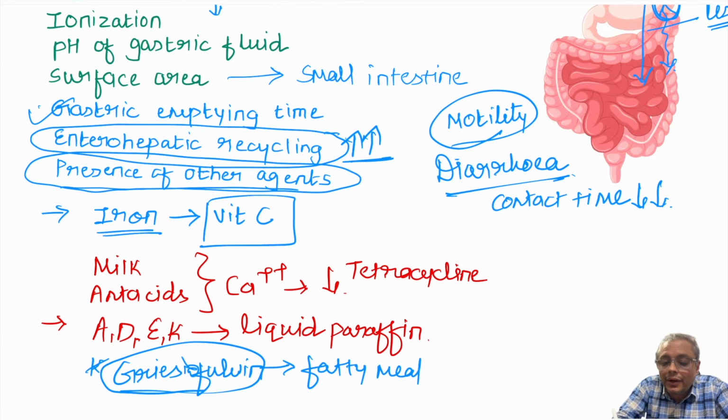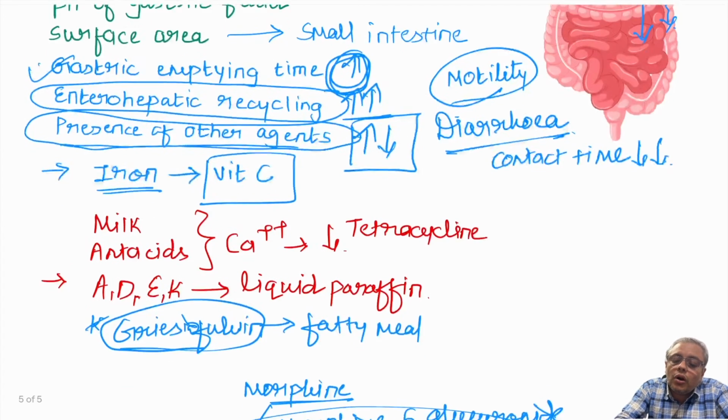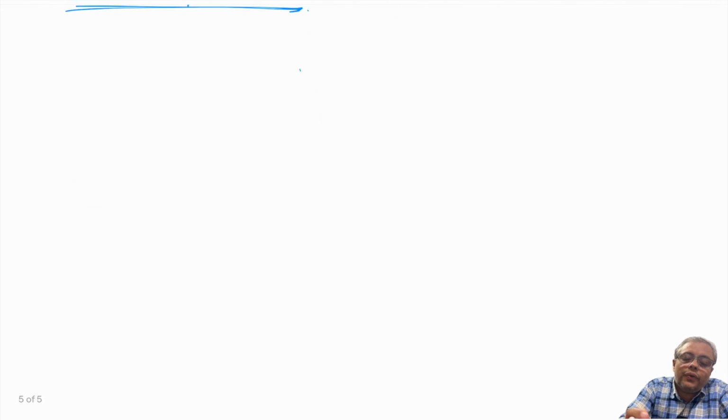Presence of other agents may increase or decrease absorption, depending on the type of the drug and the type of the food that is present. Regarding gastric emptying time, the more hastening of the gastric emptying time, the rate of absorption is going to be increased.